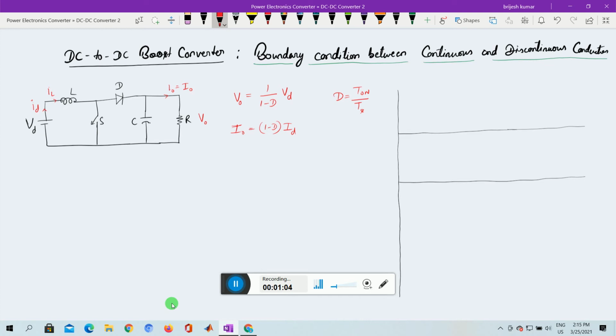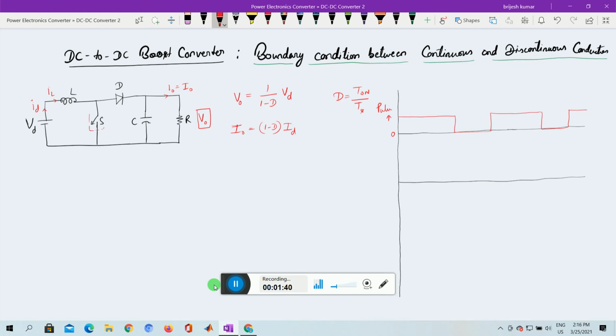Now, in the boundary condition, we will find the value of L, the condition in which the current rises and falls starting from zero, as we will show in the diagram. Assuming V0 is constant, let us say this is the pulse given to the switch.